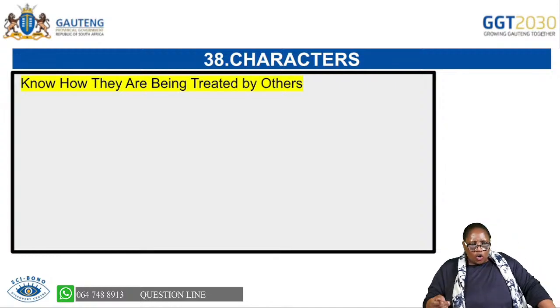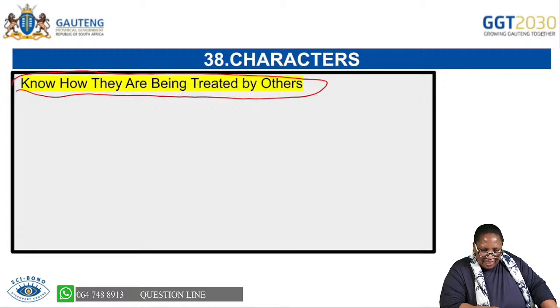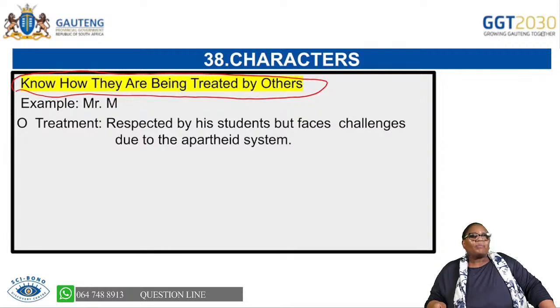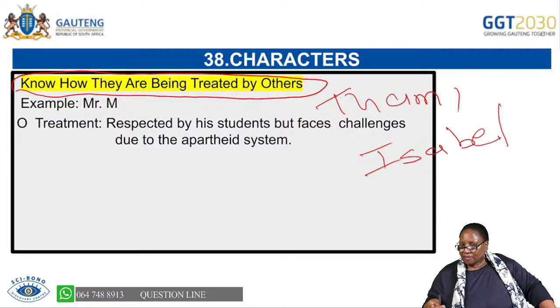You must also know how the characters are being treated by the others. For example, Mr. M, how he treats Tammy and how he treats Isabel. He treats them differently, isn't it?